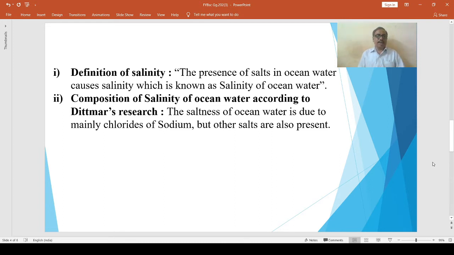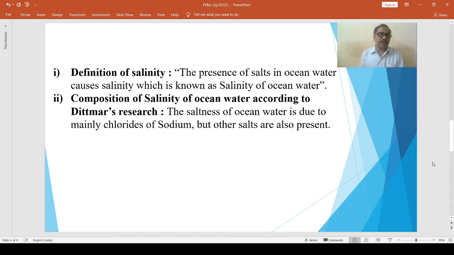Seawater contains a number of minerals and substances in solution. Therefore, the water is always saline or salty. The presence of salts in ocean water causes salinity, which is known as salinity of ocean water.